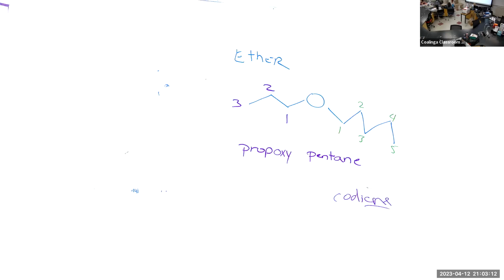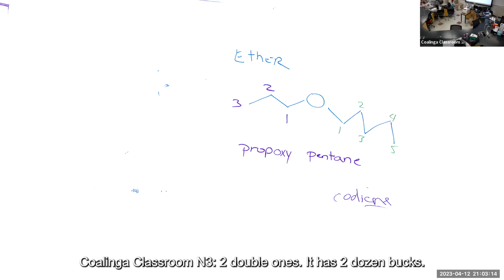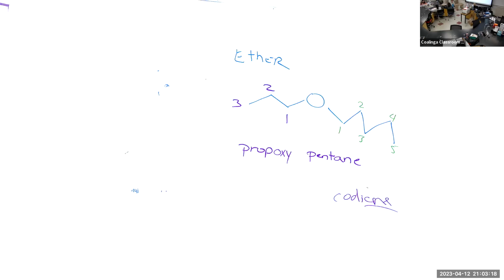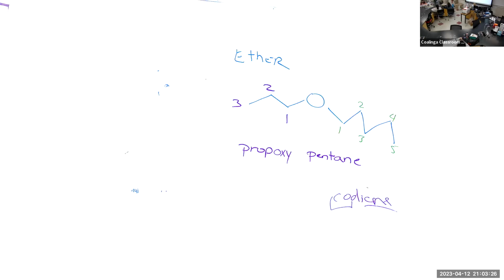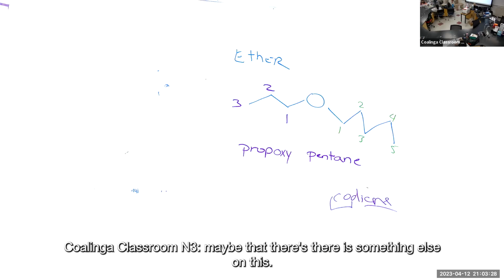So that ene and ene means what again? 2 double bonds. It has 2 double bonds. And then this here is being used to define the oxy, right? Meaning that there's something else on the other side.